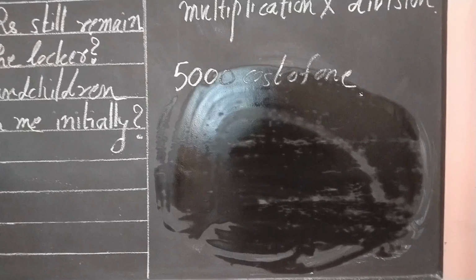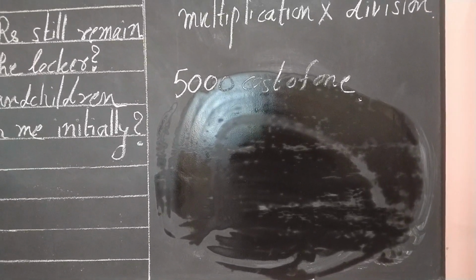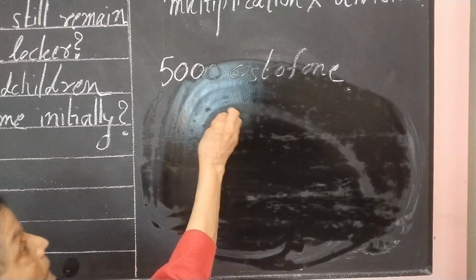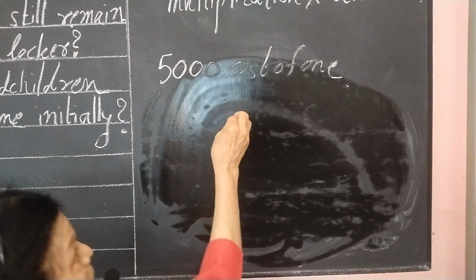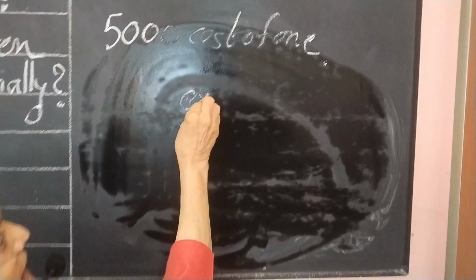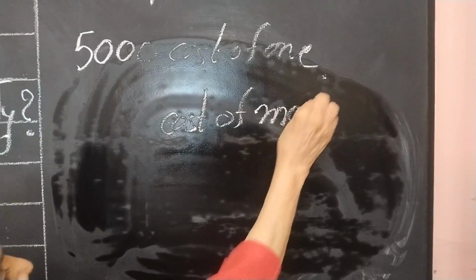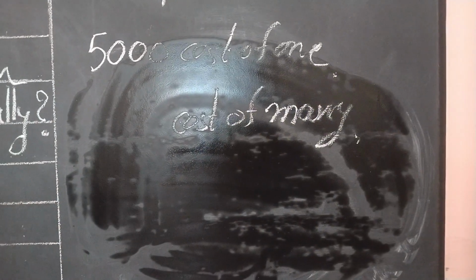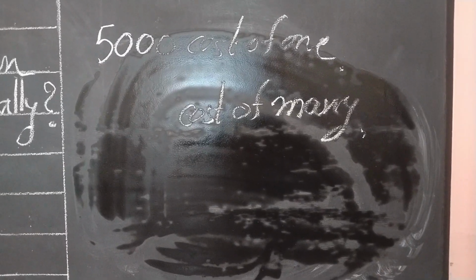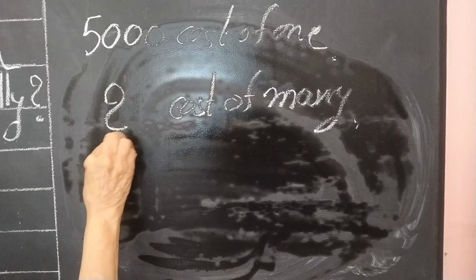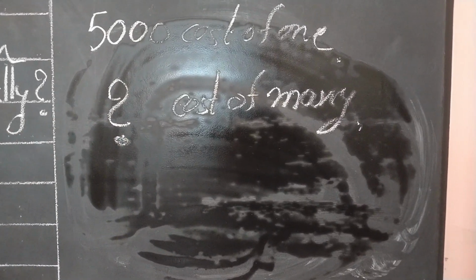And we want to purchase many such wristwatches, so we have to find out the value for the cost of many. Here many means how many? Not given. So question mark here.